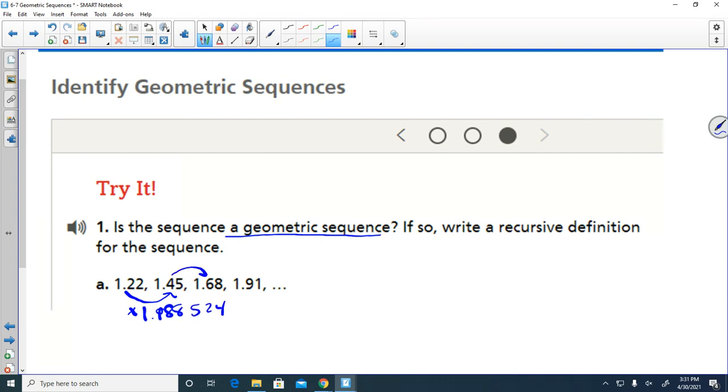Then to get from 1.45 to 1.68, if I divide 1.68 by 1.45, I get 1.1586 and so on. These numbers are not the same, so this sequence is not geometric. So I don't even have to write a recursive definition.